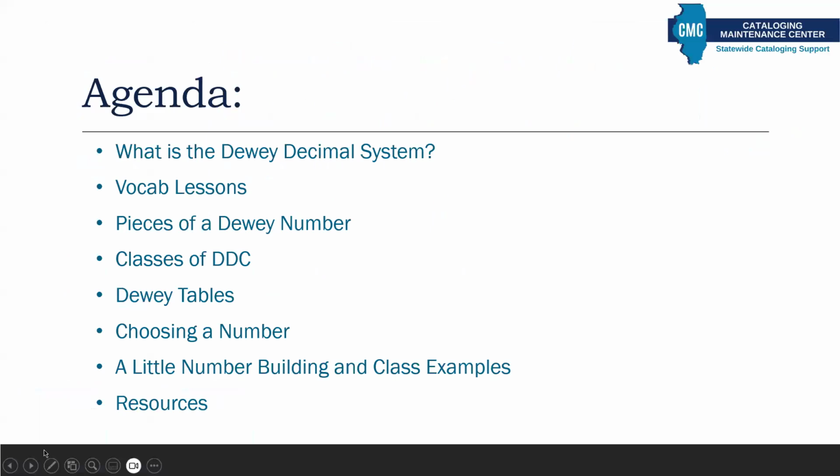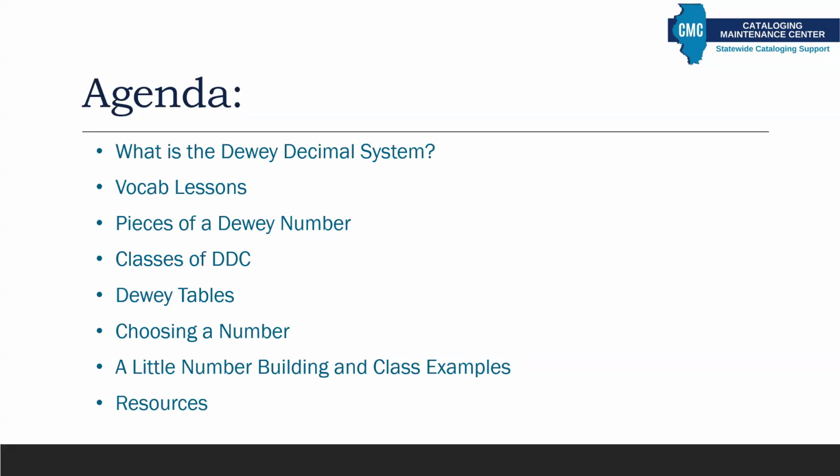Our agenda today includes defining what the Dewey Decimal System is, that's DDC. Then we'll have a short vocabulary lesson where we look at some important Dewey terminology. Next, we'll look at the pieces of a Dewey number. After that, we'll look briefly at the different classes of Dewey. Following this, we'll examine the Dewey tables. Then we'll look at the basic criteria for choosing a number.